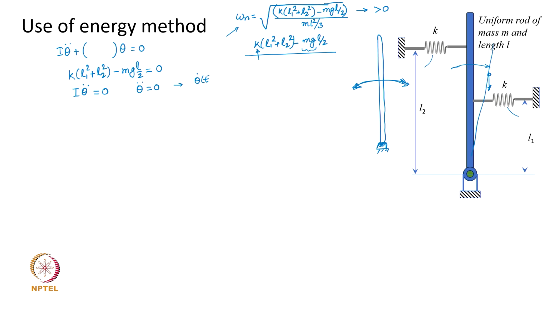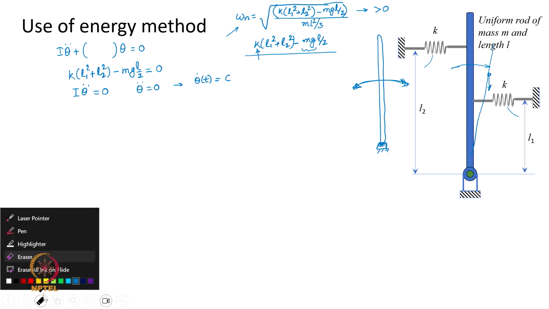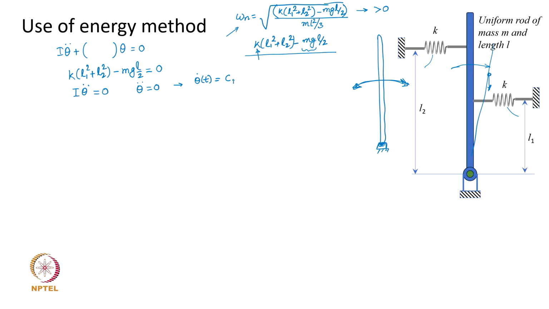So, theta dot of t is going to be a constant, let us say C1, and if you further integrate, this becomes theta of t equal to C1 t plus C2. These are two arbitrary integration constants, and they can be obtained using initial conditions.